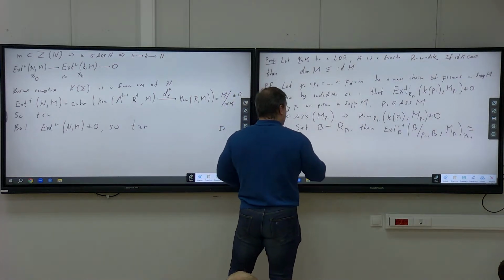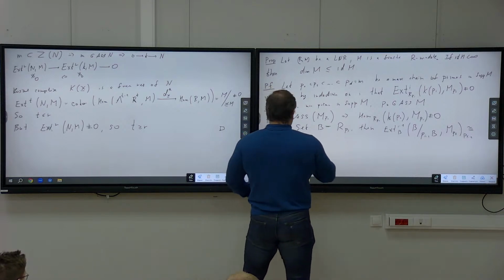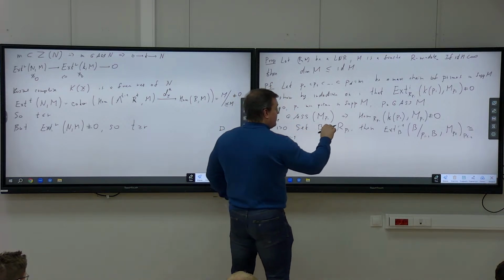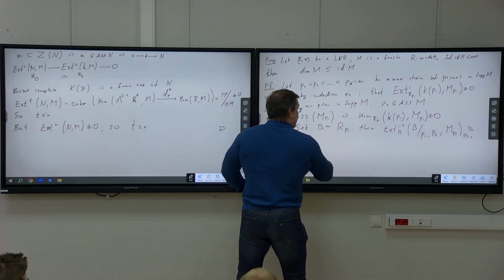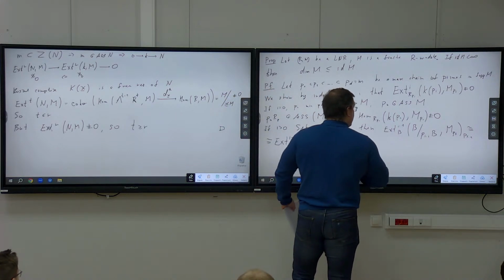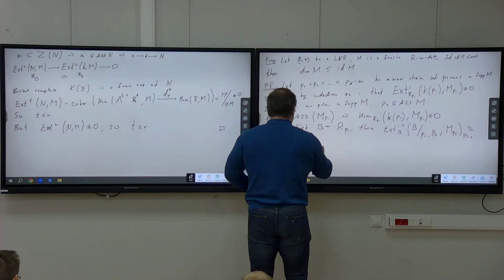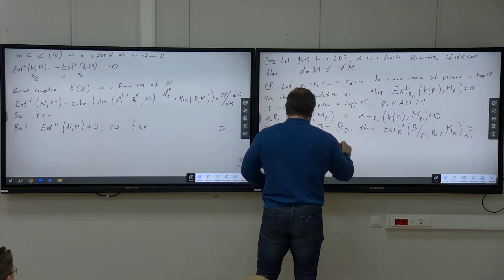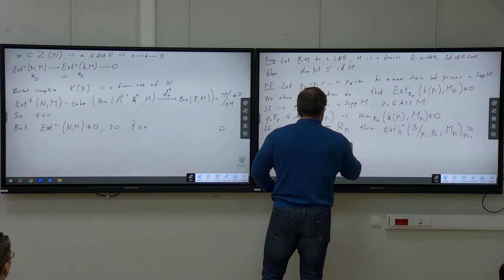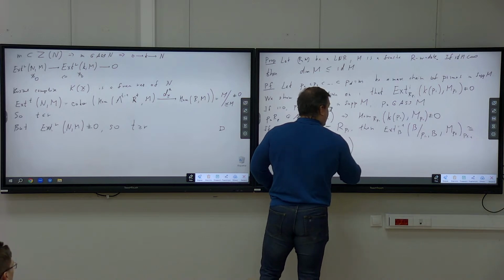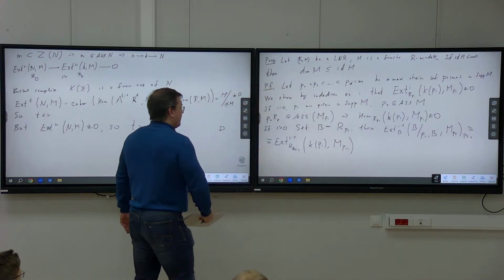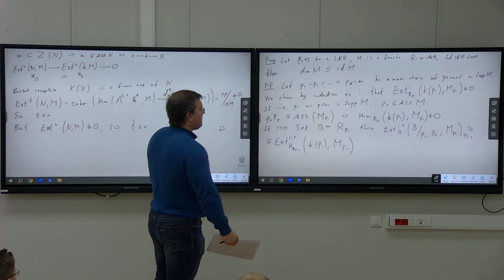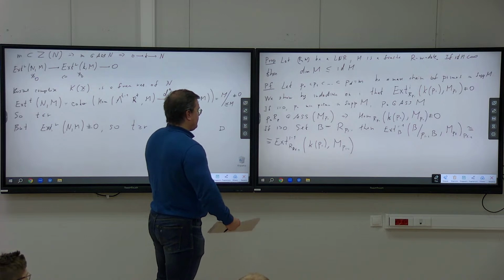Over the localized ring, I need to localize B at P(i-1), but this is the same thing as R localized at P with the index I minus 1. Now if I localize the first argument, I'll get K at P(i-1), and of course the localization of the second argument is just the localization at P(i-1). Okay, do the localization in two stages. What's K at Pi? Shouldn't it be K at P(i-1)?